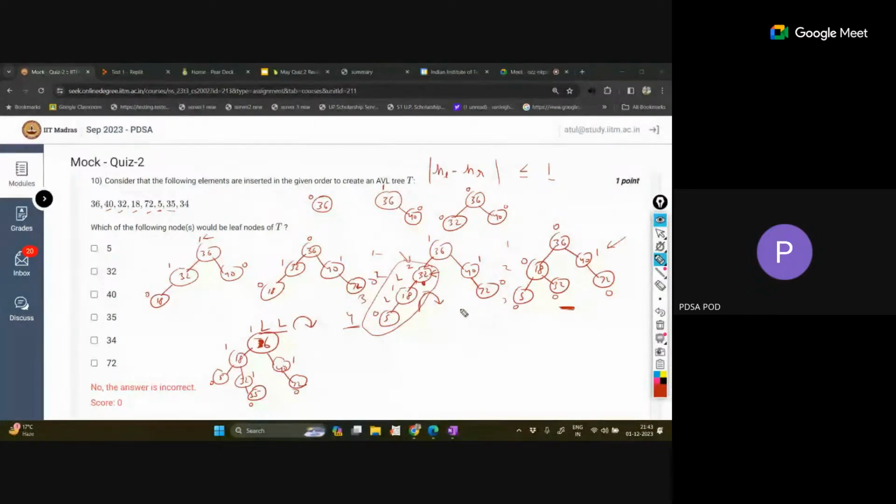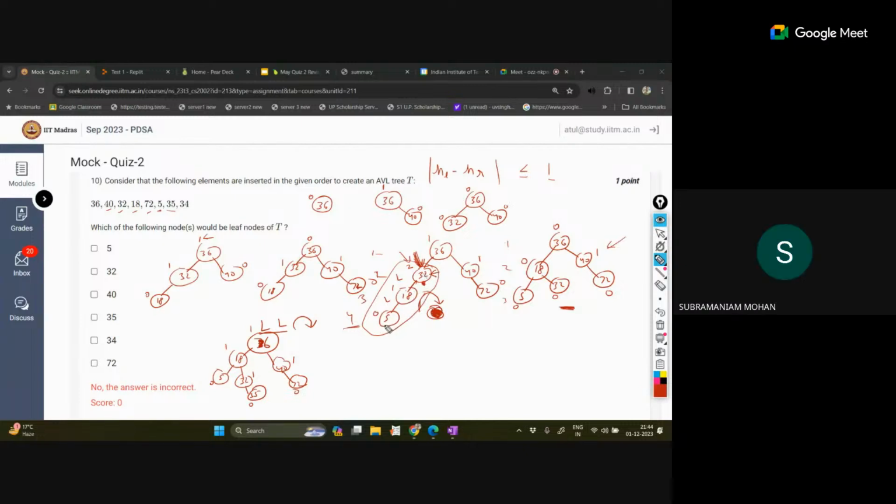This was the previous one. Here, how is it 2 now? How is it 2? What 2? The height difference is 2. How is it on 32 you are talking about? Yeah. Okay, just check how many edges are coming on the left side in the longest path.